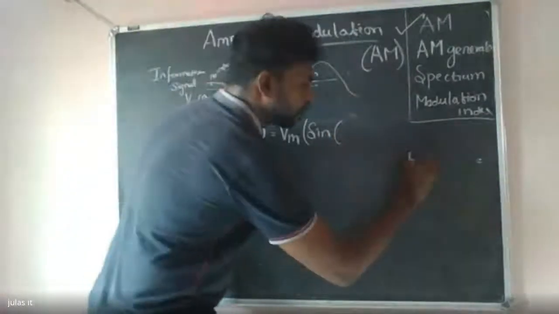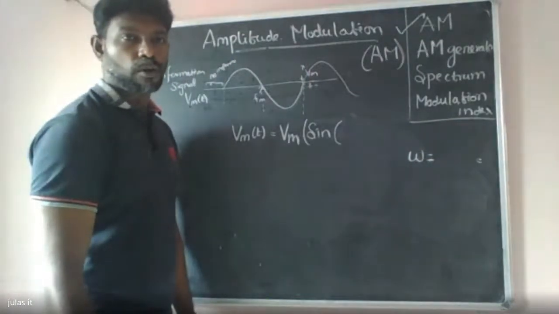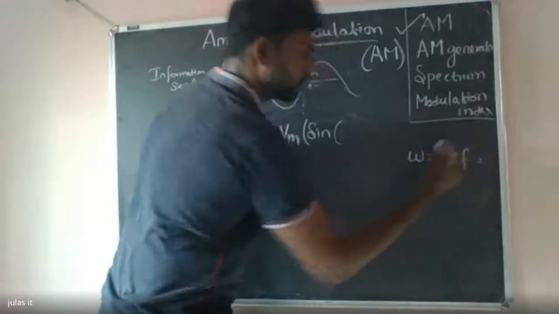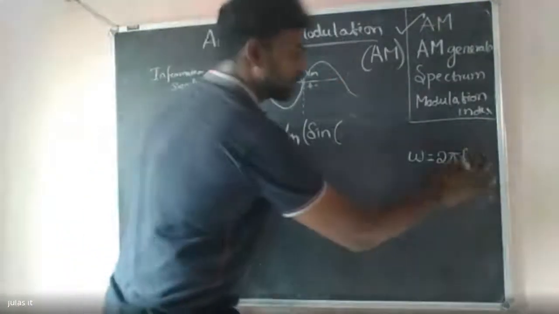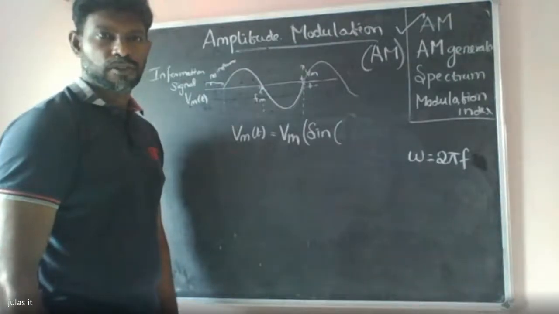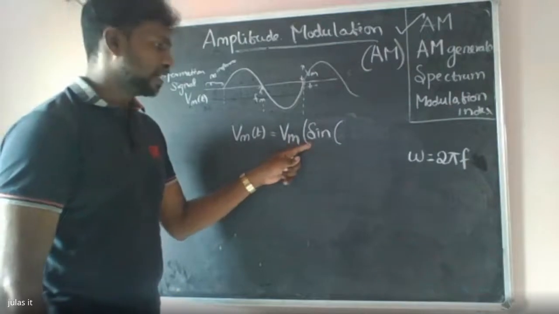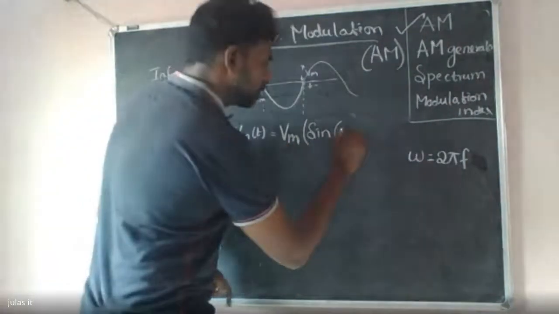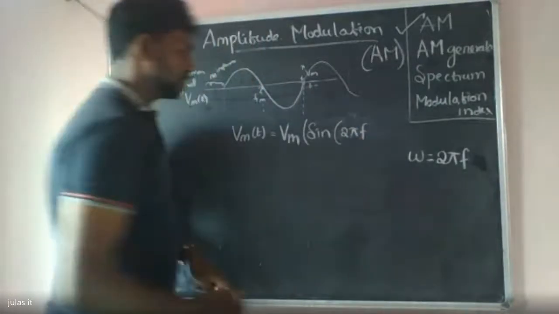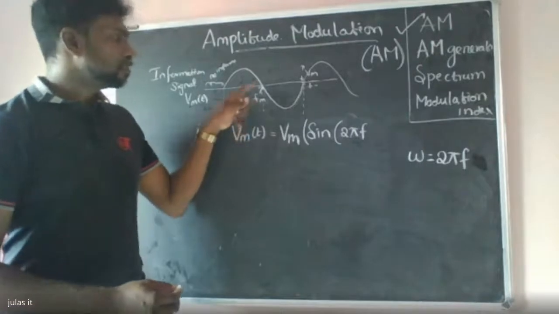We already know what omega is. Omega is nothing but 2 pi f. When you see Vm sine 2 pi f, f is nothing but your message frequency, the message signal's frequency.